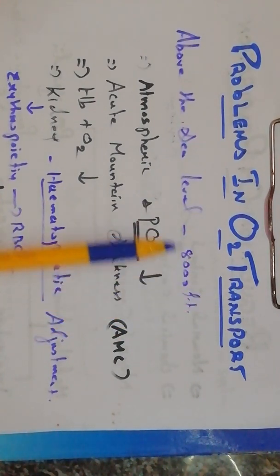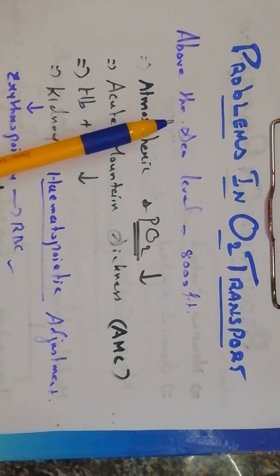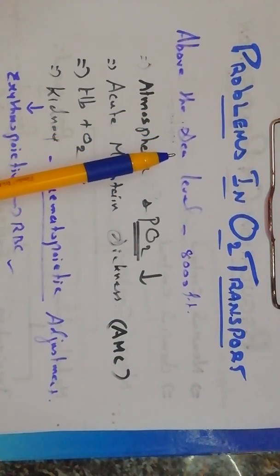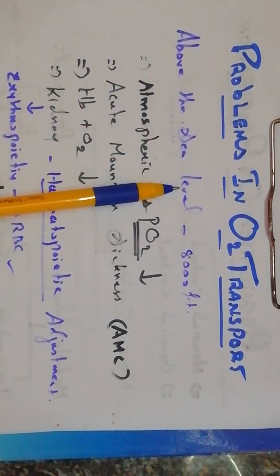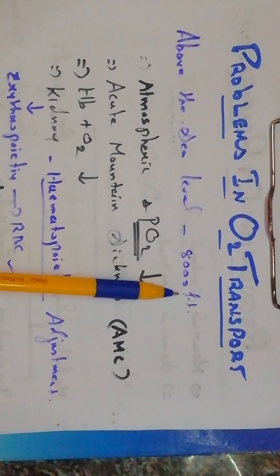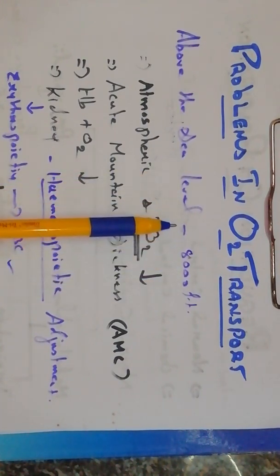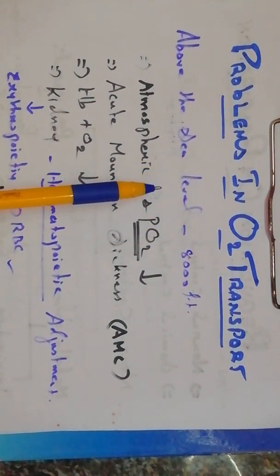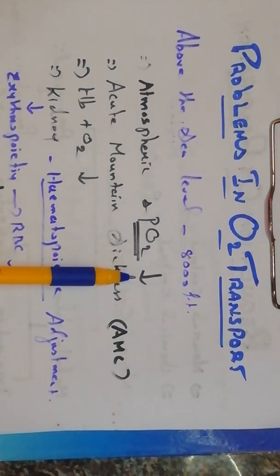Have you got it? So first they talk about when the oxygen level is low. When will the oxygen level be low? Usually they say when a person travels above the sea level, around 8,000 feet. So when they climb up a mountain, mountain regions are above the sea level, the atmospheric pressure as well as the partial pressure of oxygen reduce.